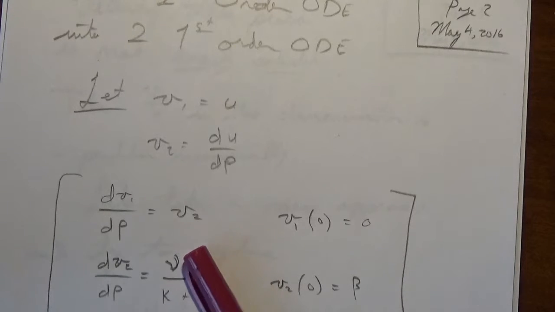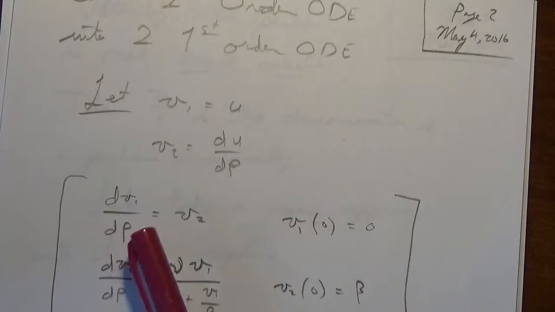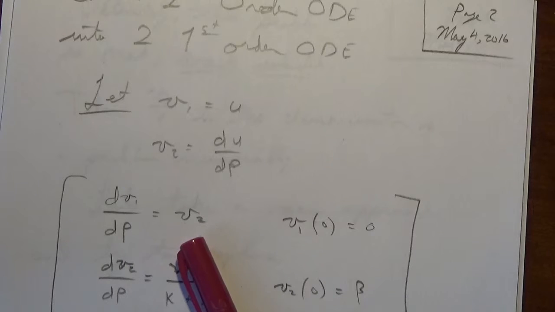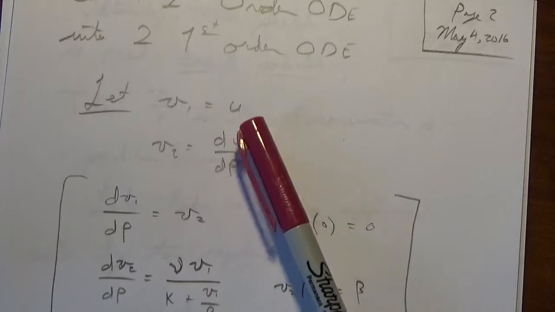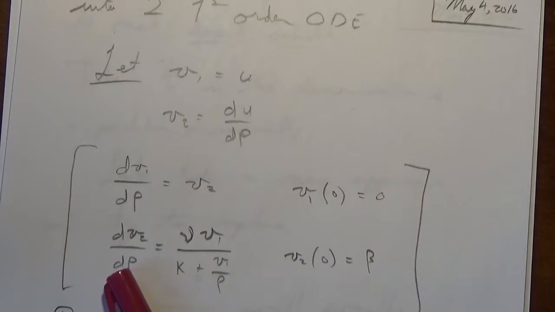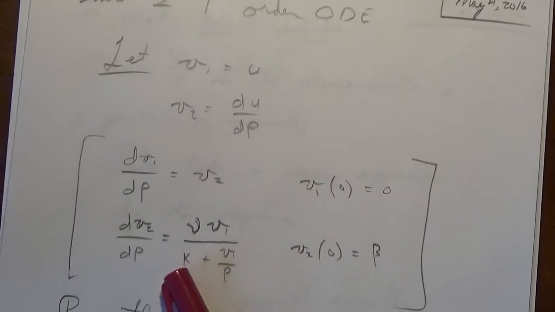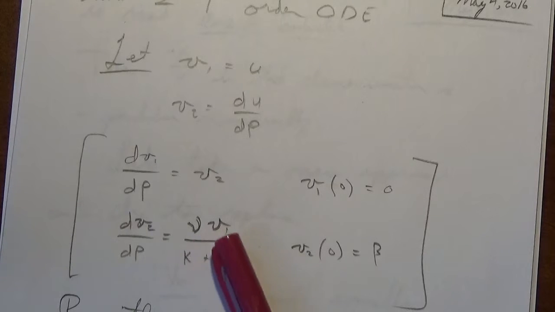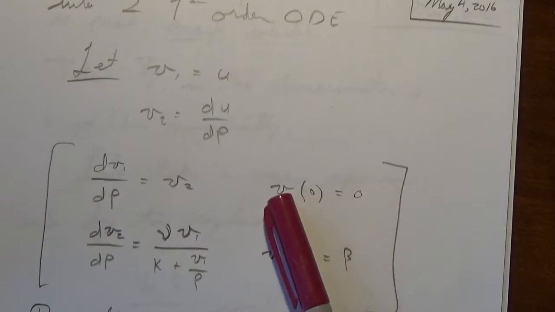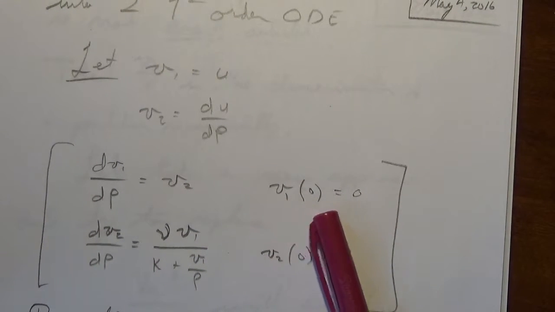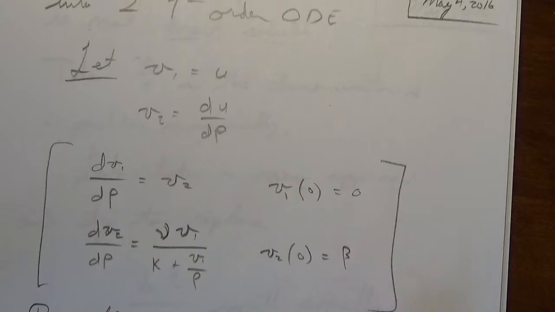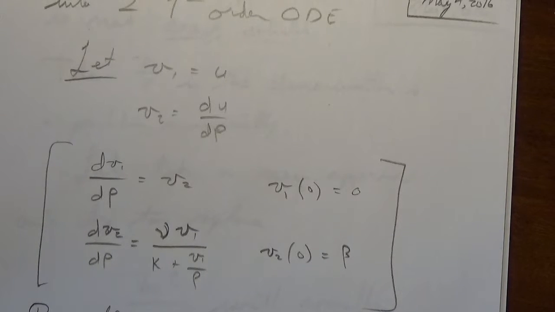Then the derivative of U with respect to rho is equal to V2, because that's just the definition. And the derivative of V2, which is the second derivative of U, is equal to our non-homogeneous part. Our initial conditions are V1 at 0 is equal to 0 and V2 at 0 is equal to beta. Now we have a set of first order ordinary differential equations that we can solve.